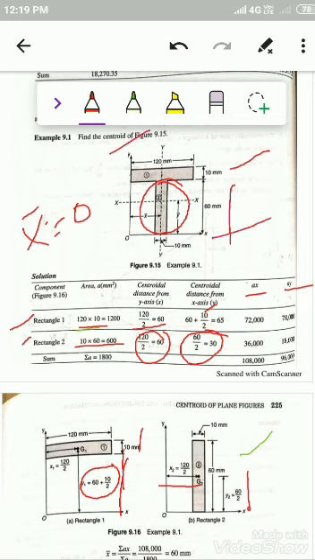After this, you calculate the ax and ay values. Calculate the summation of ax and ay in the tabular column, and the summation of area.